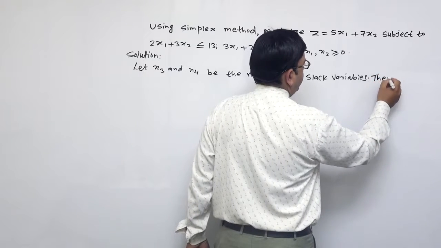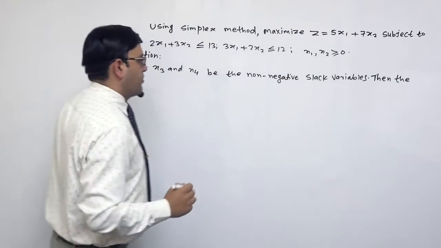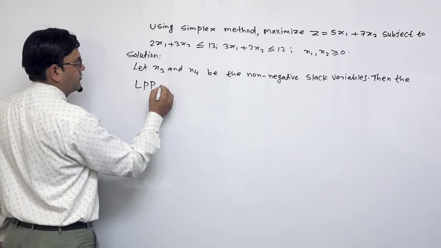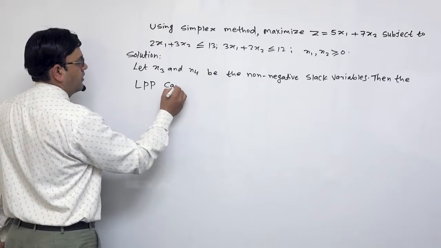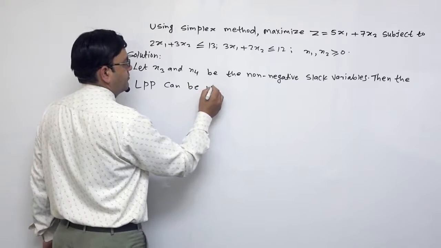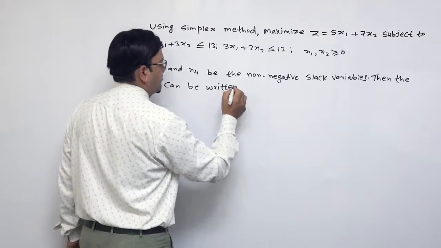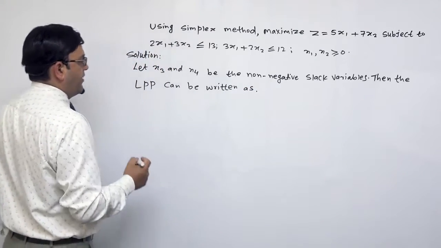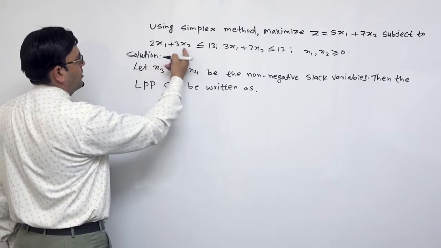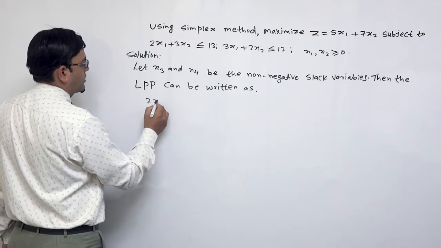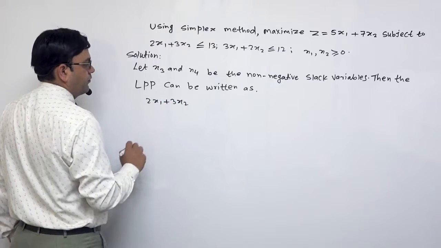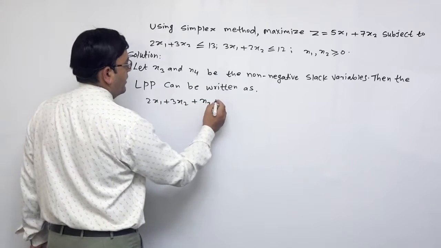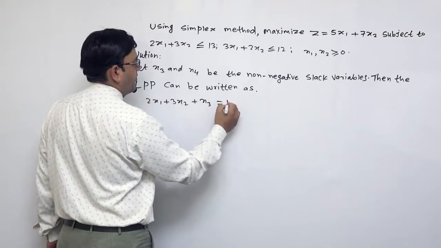Then the linear programming problem can be written as, this is the standard form: 2x1 plus 3x2 plus another slack variable x3 equals 13.